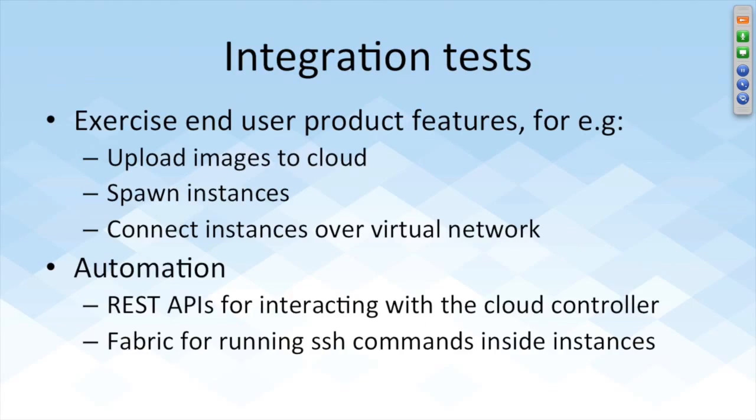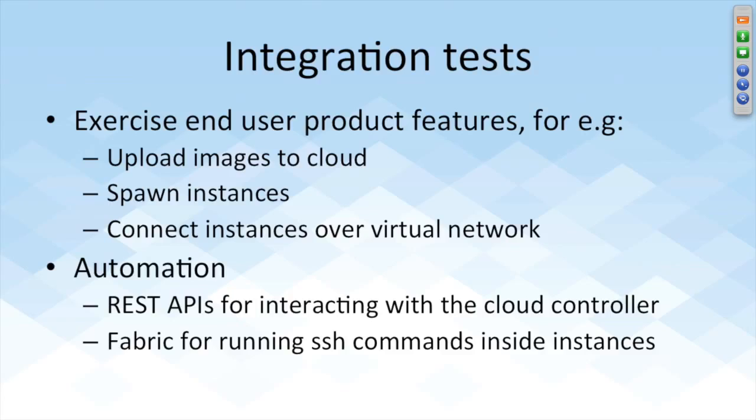Once that's done, we run the integration tests, and our number of integration tests keeps increasing. These days, we have at least 24 integration tests. And what they do is they exercise product features and things that the end users would see. For example, uploading images to their private cloud, spawning instances, or connecting instances over a virtual network.